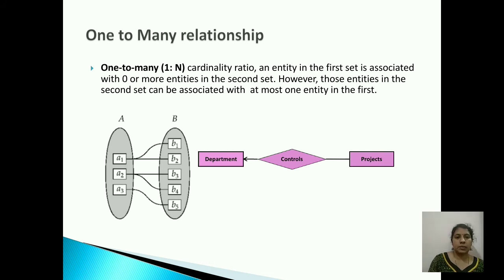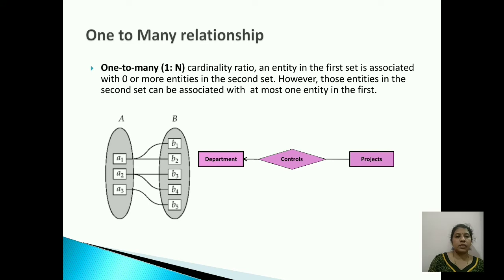And cardinality will be specified as 1:n. A department controls projects. A department can control many projects, 0 or more than 0, or it may not control any project, but 0 or more projects it can control. Okay, if you have different departments and if you have projects there, then it will be a one-to-many relationship.